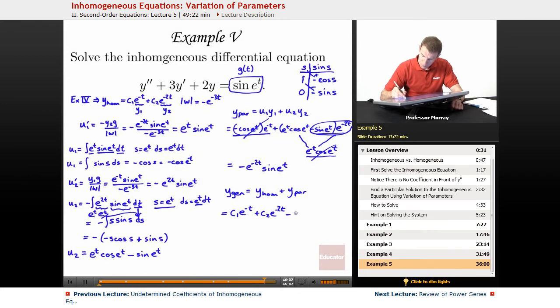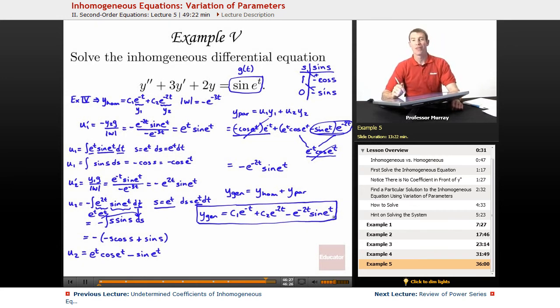So minus e to the negative 2t sine of e to the t. And so that's my general solution. Since I don't have initial conditions, I don't need to figure out what c1 and c2 are. Remember, you don't put a constant on the particular solution, just on the homogeneous solution. And so that's my general solution, and I'm done with that one.